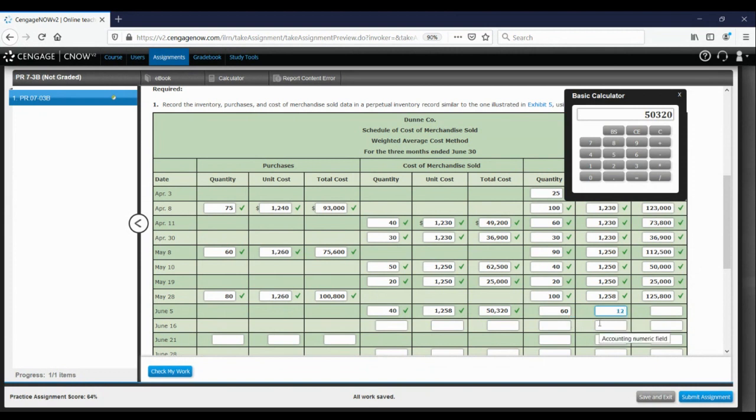You're going to multiply that by the average cost per unit, which was $12.58. And if you multiply 60 times $12.58, it will give you 75,480.